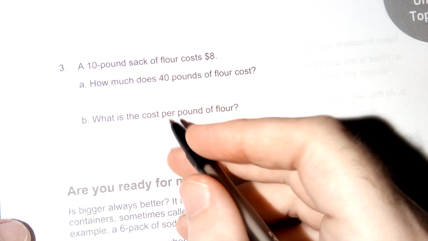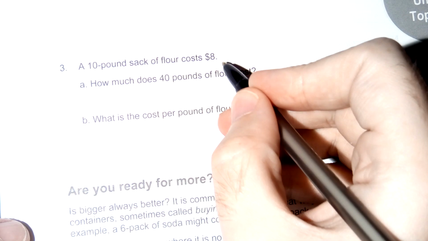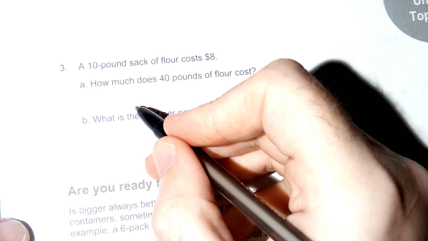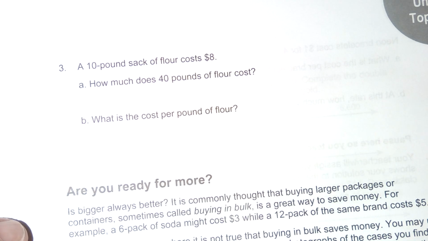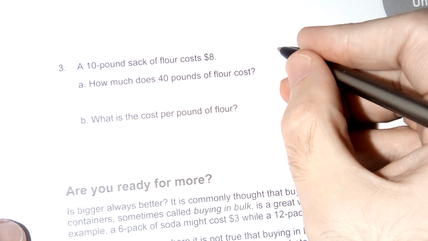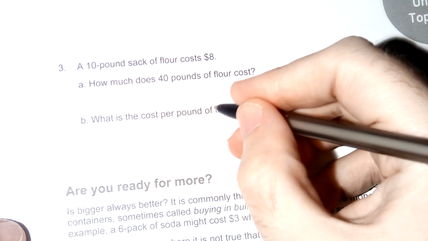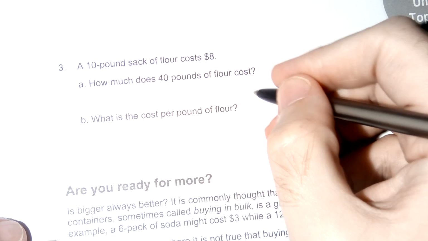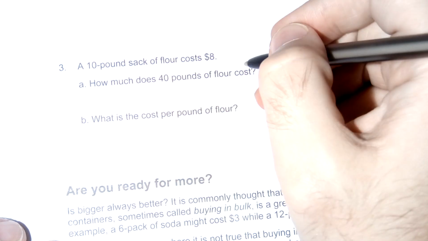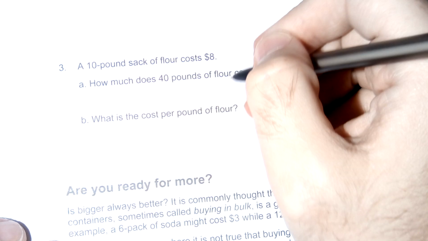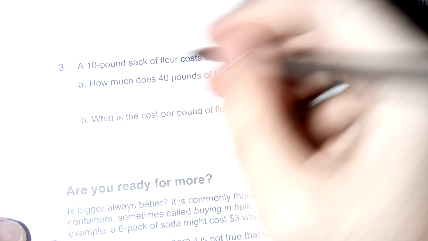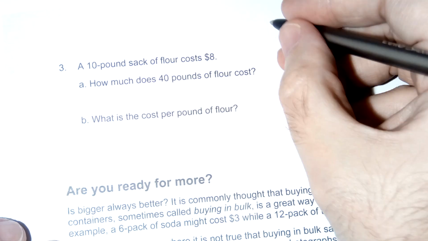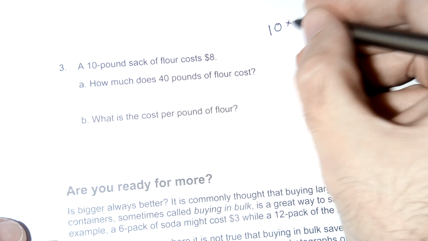So we've got a 10-pound sack of flour that costs $8. How much does 40 pounds of flour cost? And how much for 1 pound? Well, again, we can find out this one in order to find this one, but it's also really easy to get from 10 to 40. 10 times 4 is 40.